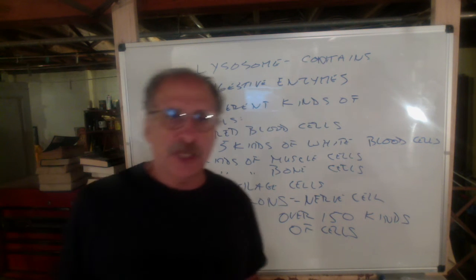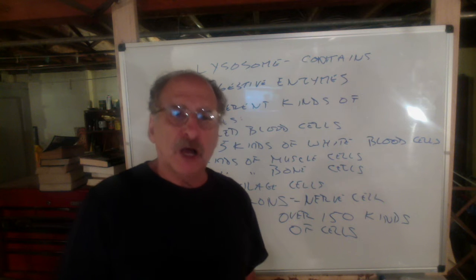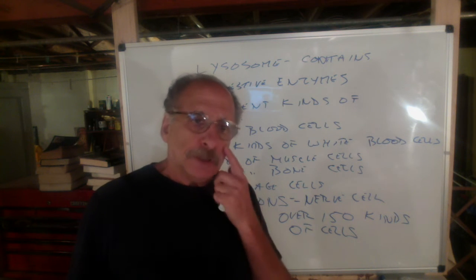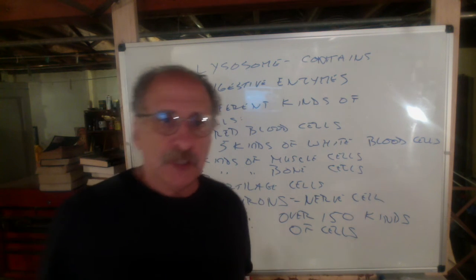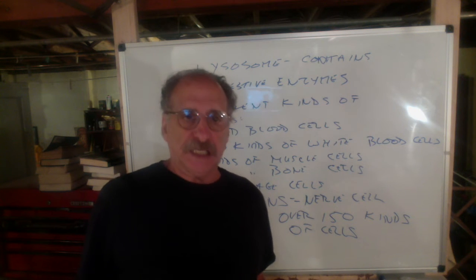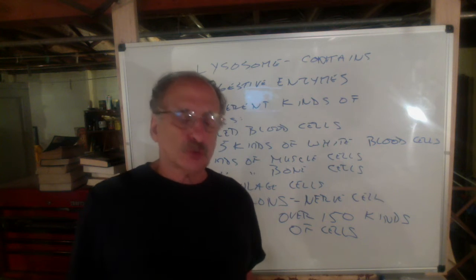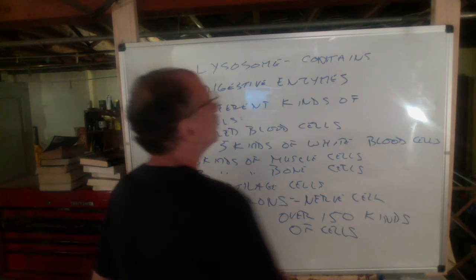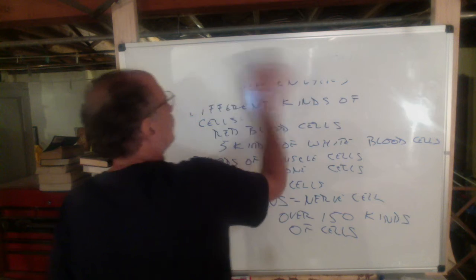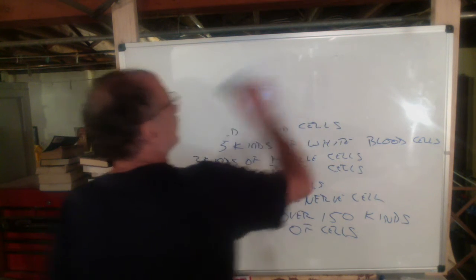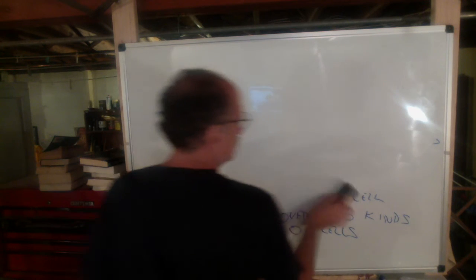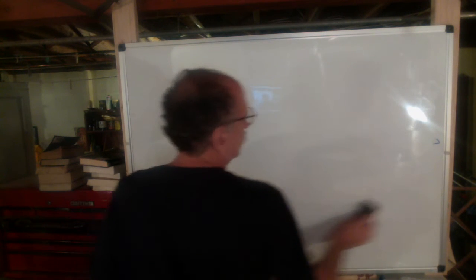Now, did I just say that your body is made out of 150 cells? No, there are trillions, roughly 30 trillion cells making up your body. And those 30 trillion cells come in 150 or 200 different types. So be clear, trillions and trillions of cells in your body that come in roughly 150 or 200 different kinds.